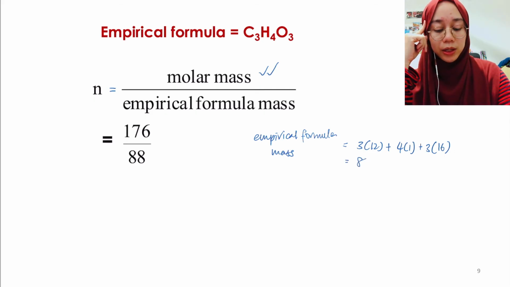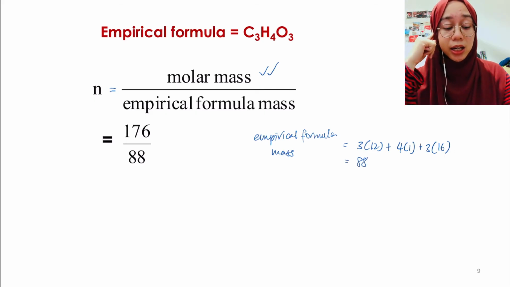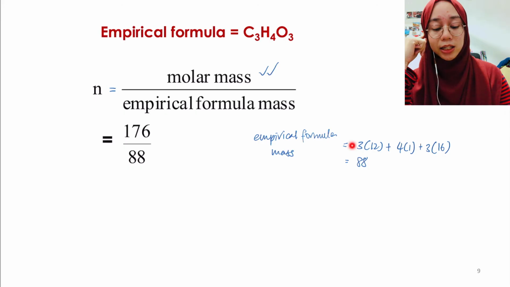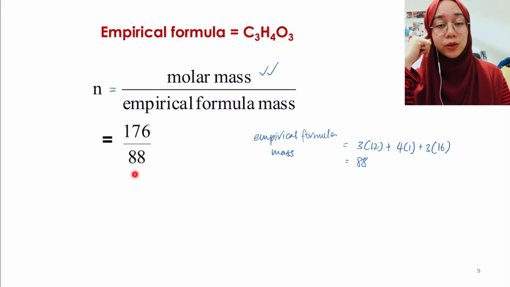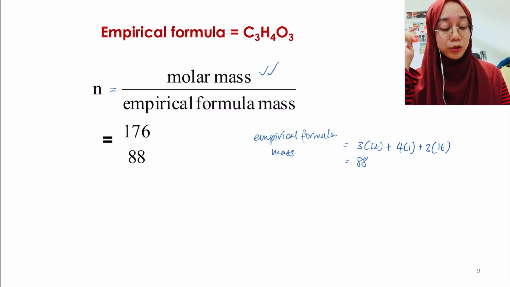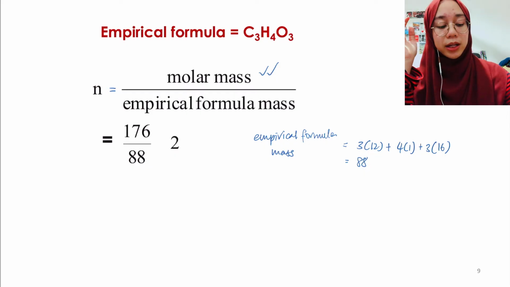So this one you will get 88 to 90. Okay, so kamu boleh buat calculation ni dekat bahagian ni dahulu, and then baru kamu letak dia jadi equals to 176 divided by 88 pun okey je. Okay, so you will get 2.